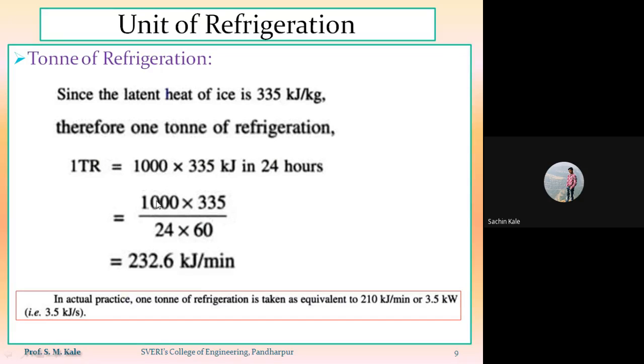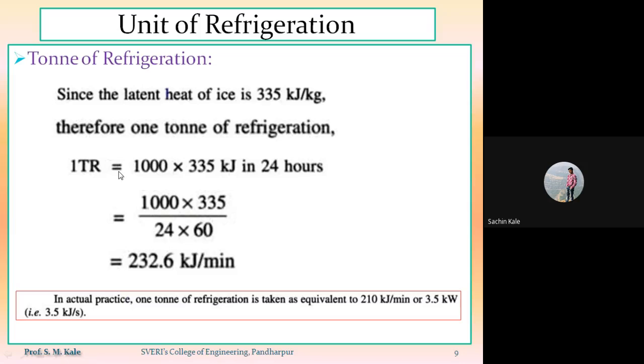So if instead of 1000 you put the value 907.18, you will automatically get 211 point something, and that is nearly equal to 210 kilojoule per minute.